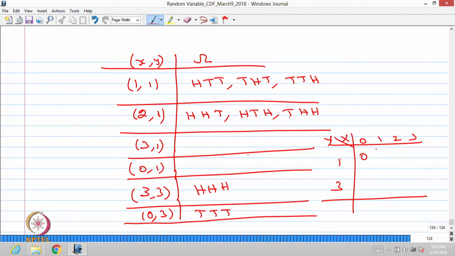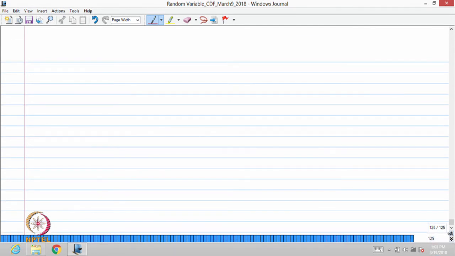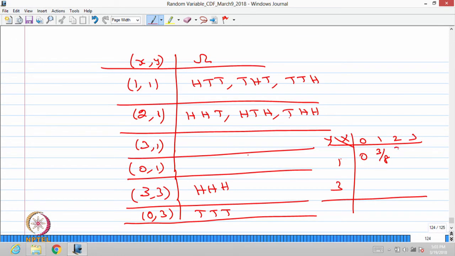It's an unbiased coin, therefore the probability is going to be 3 by 8. When x takes a value 2 and y takes a value 1, there are 3 possibilities, therefore this is going to be 3 by 8. When x takes a value 3, y takes a value 1, nothing, therefore no possible outcomes, therefore empty set, probability of empty set is 0.